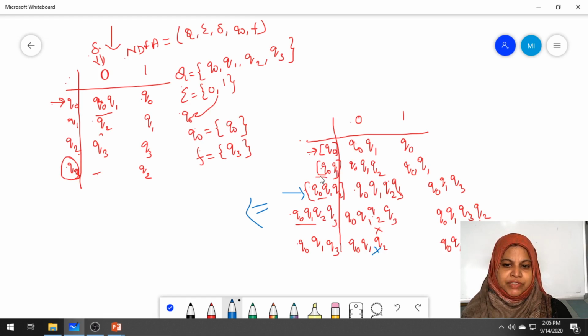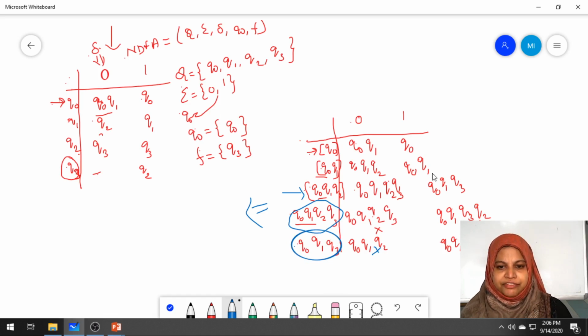No. q0 q1: is there any q3? No, so this is not the final state. q0 q1 q2: no q3, so this is not the final state. q0 q1 q2 q3: q3 is there, so this state becomes the final state. Again q0 q1 q3: q3 is there, so this state also becomes the final state.